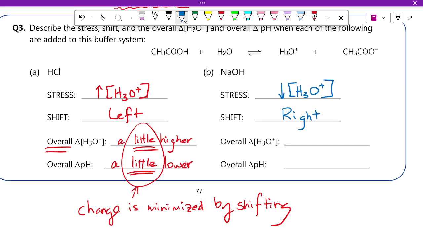And if we shift to the right, the overall H3O plus went down, but now we're making more, so it ends up a little bit lower. And the overall pH ends up being a little higher. And that's all there is to a buffer, okay?